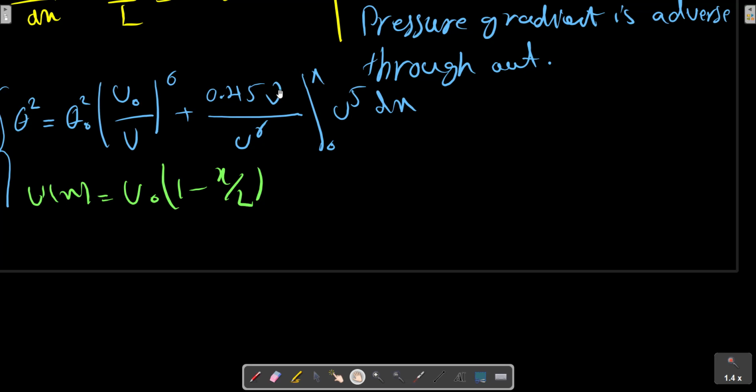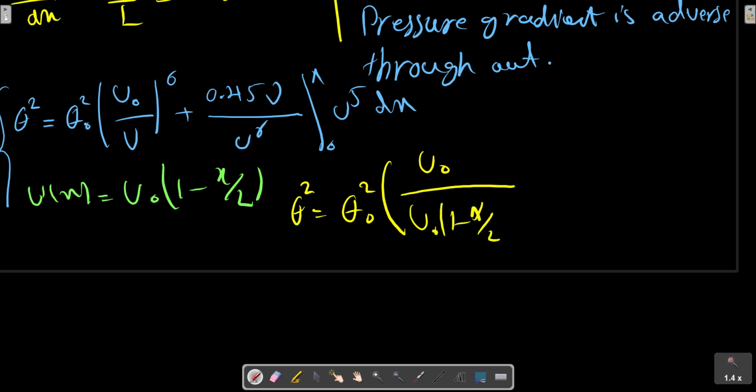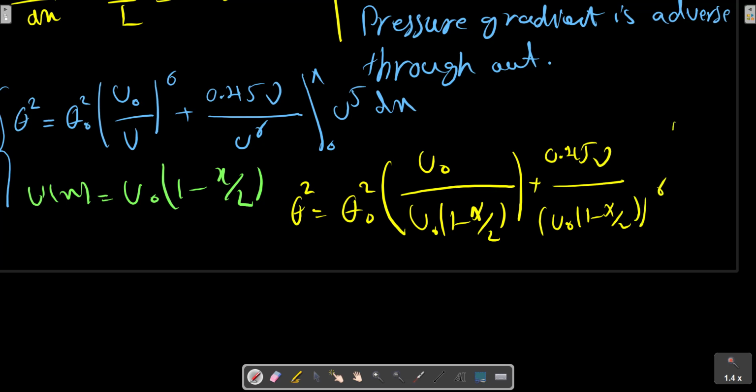With integration, we can calculate theta squared, theta 0 squared, U0 on U to the 6, kinematic viscosity nu, and integration of U to the 5 dx.